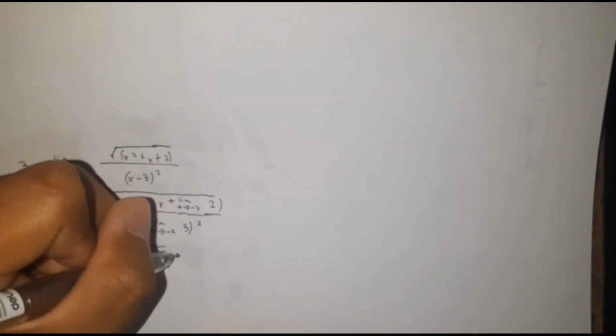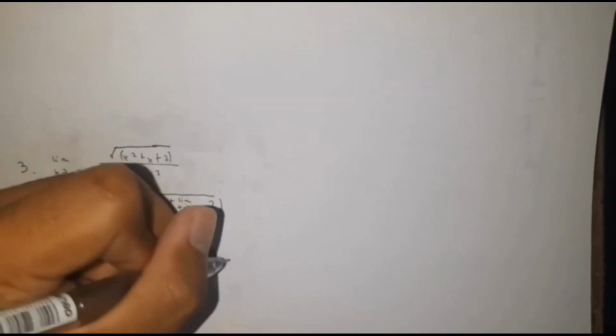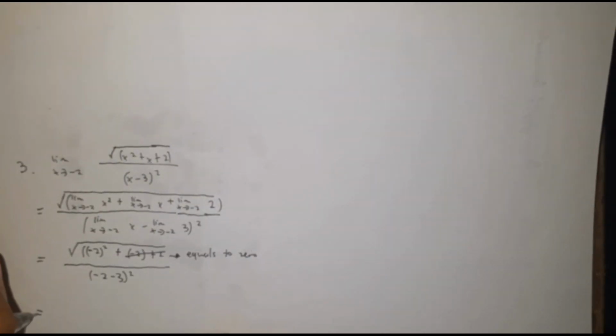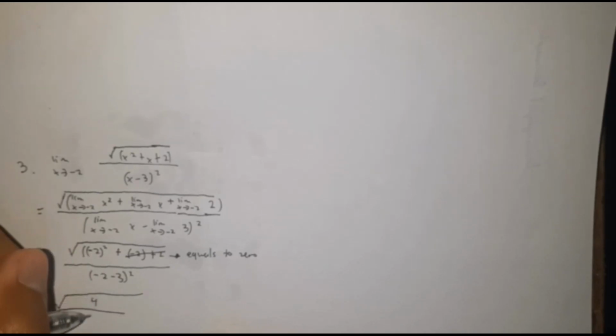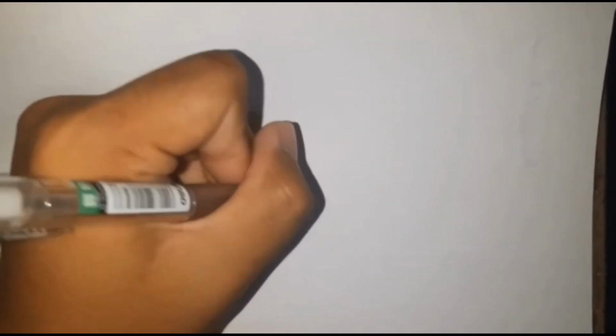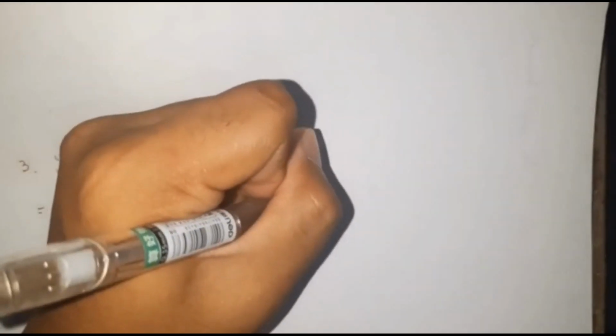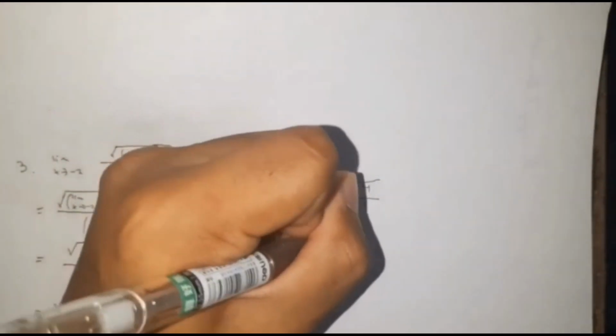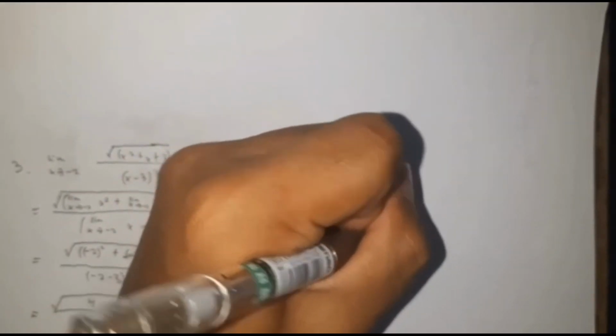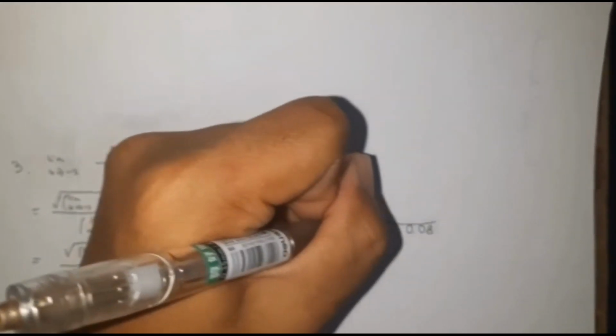Negative 2 plus 2 is equal to 0, so negative 2 squared will remain. The square root of 4 over 5 squared is equal to the square root of 4 over 25. By simplifying, we come up with the answer of 2 over 25, or 0.08.